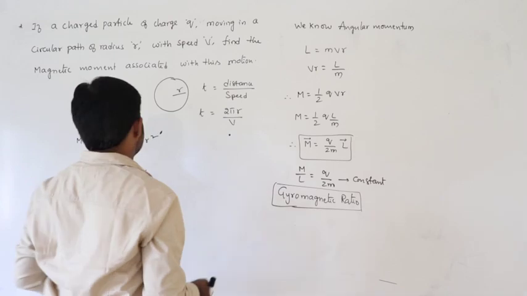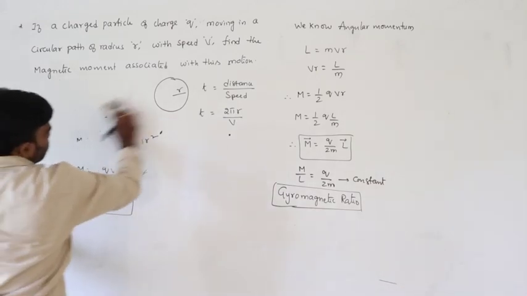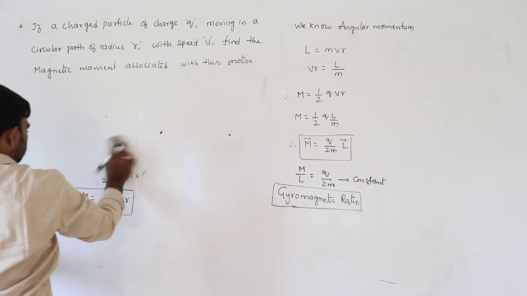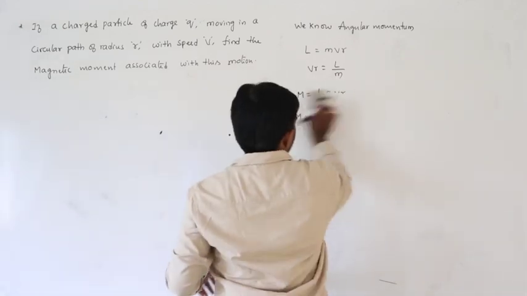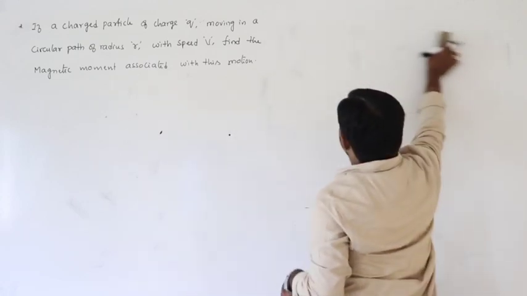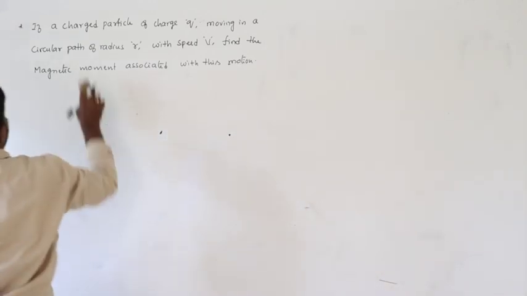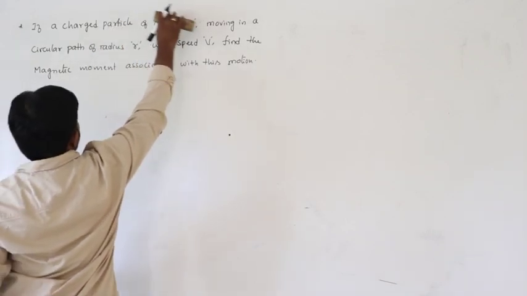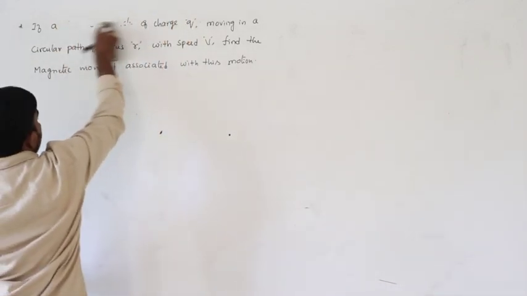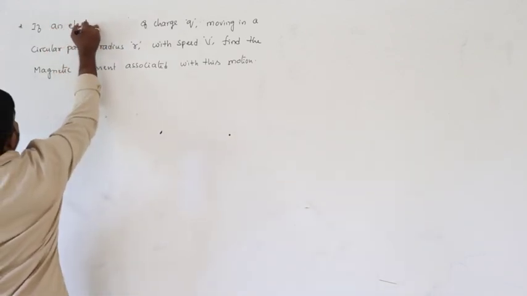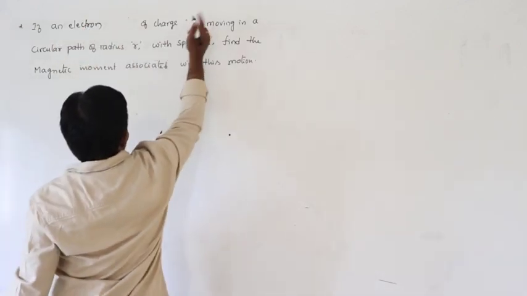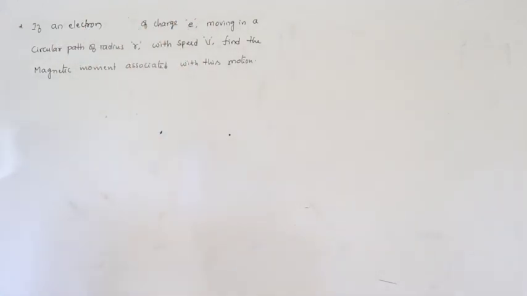Next, in the same situation: if an electron of charge e is moving in a circular path of radius r with speed v, find the magnetic moment associated with that motion.